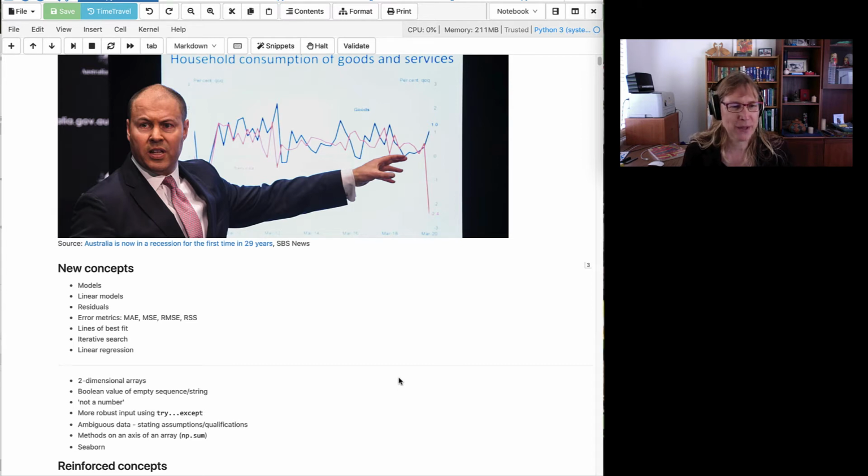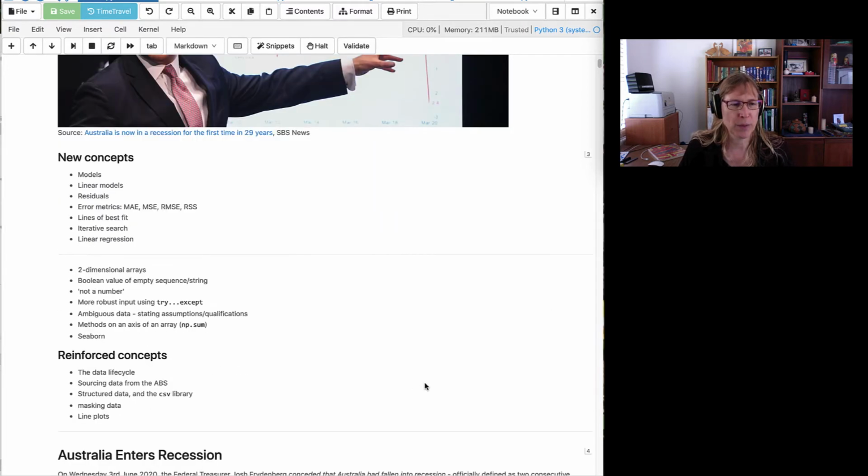More about ambiguous data, we've talked about this a bit before, or missing data. We will look at an example of a method on an axis of an array, which again is quite an important concept. And I'm also going to use the Seaborn plotting package, although we won't talk a lot about that.